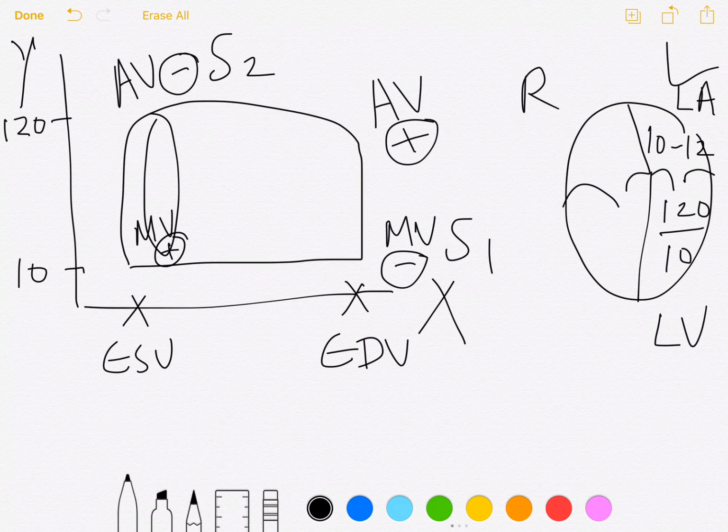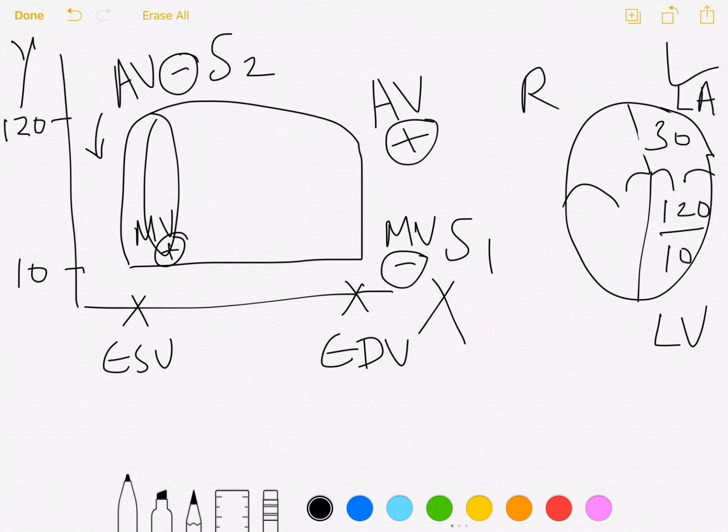Okay, let us give an example. Let us imagine that we have a patient with mild mitral stenosis and the pressure inside the left atrium is just around 30. So when do we expect to find the opening snap? Now the ventricular pressure will drop gradually.